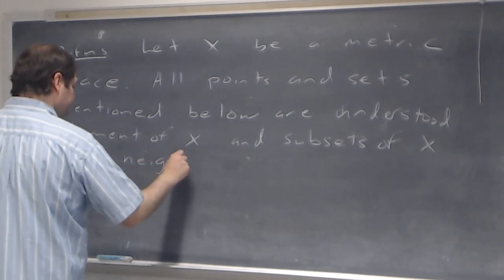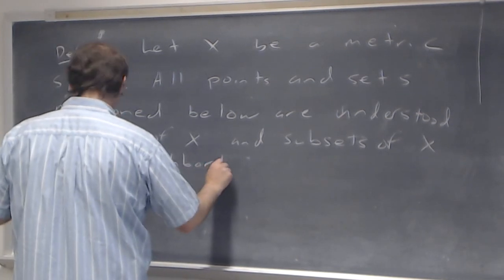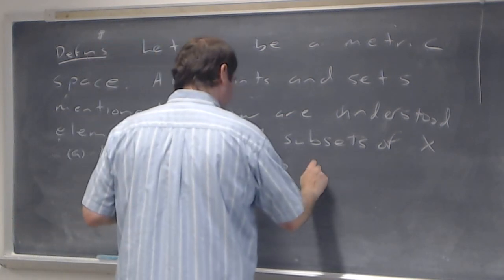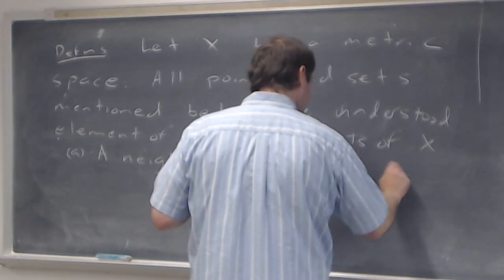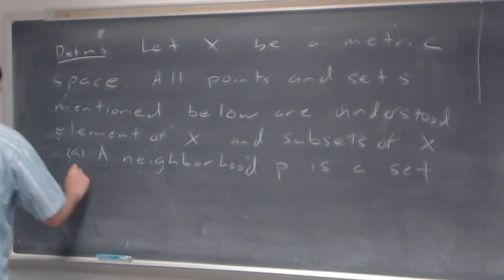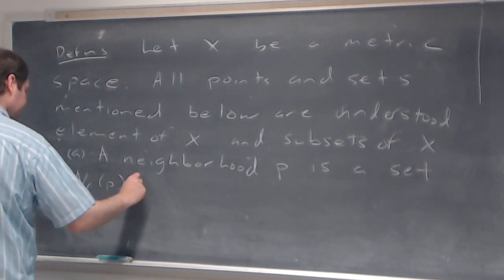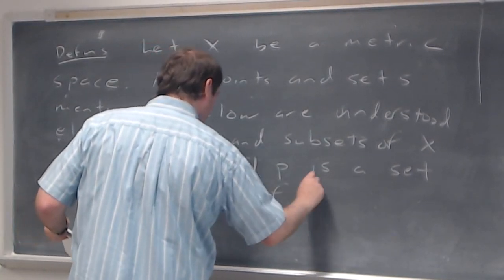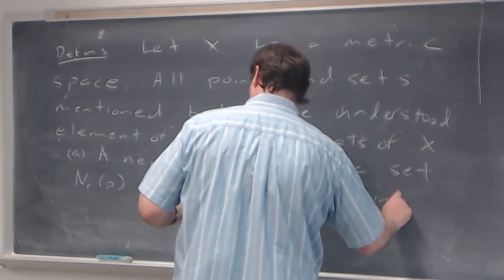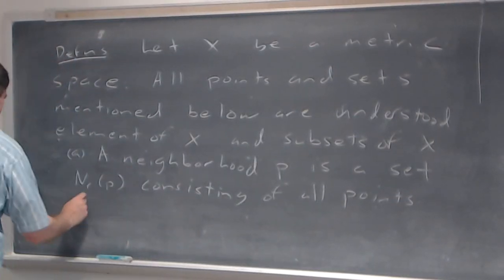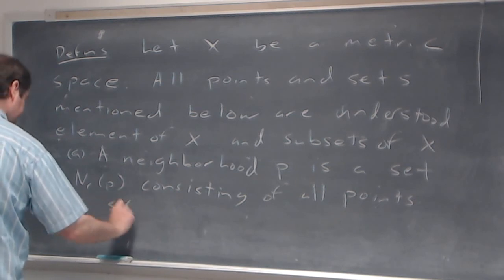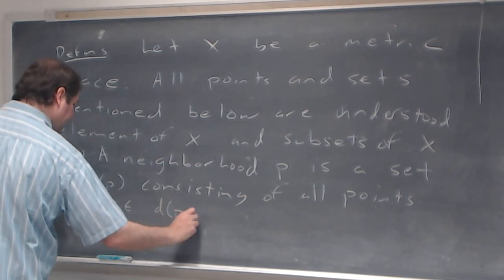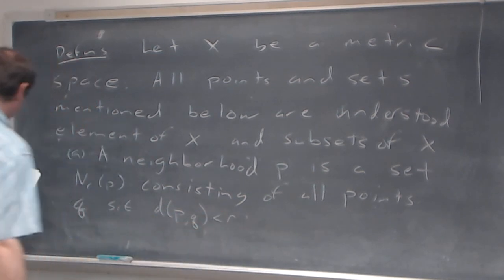A neighborhood of some point p in X is a set N_r(p) consisting of all points q such that the distance between p and q is less than r.